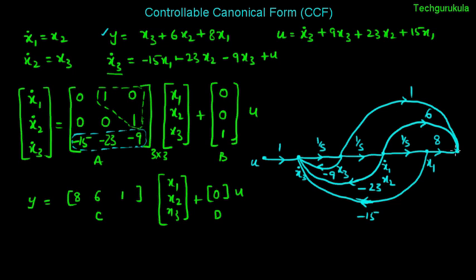So this value is y. So for convenience sake, I'm taking another node saying y, but both are same. So y we can say here 8 times x1 plus 6 times x2 plus 1 times x3. That's what the equation represents here. So this is how the signal flow graph looks if you represent the system given by the transfer function in controllable canonical form.